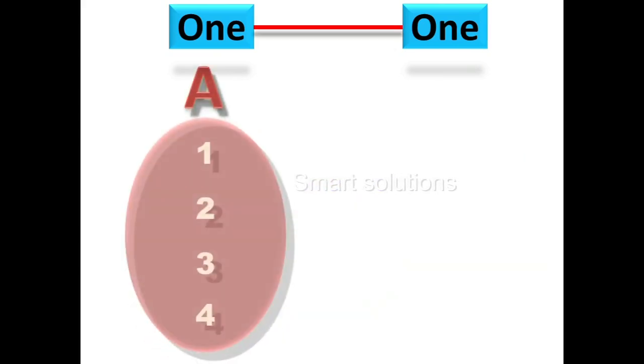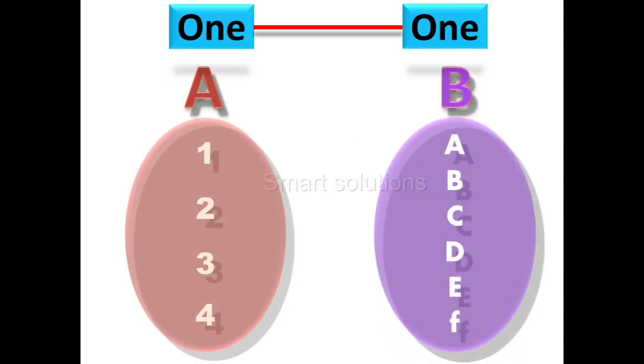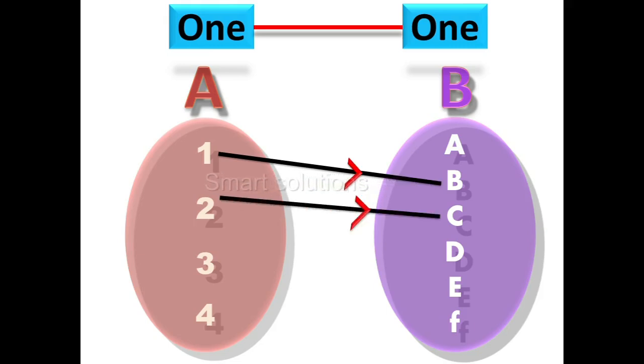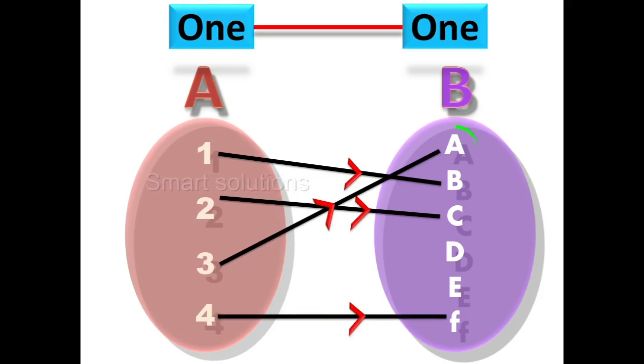Let's take another example. Here, elements of B don't have more than one relation, so it is a one-one function.